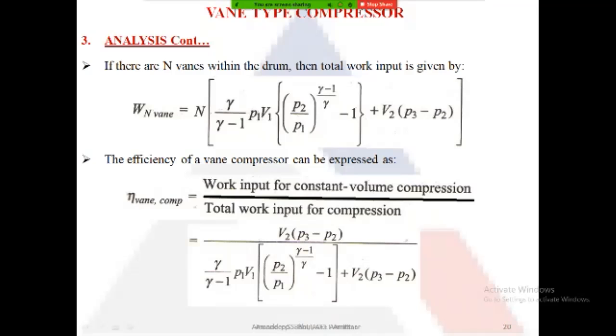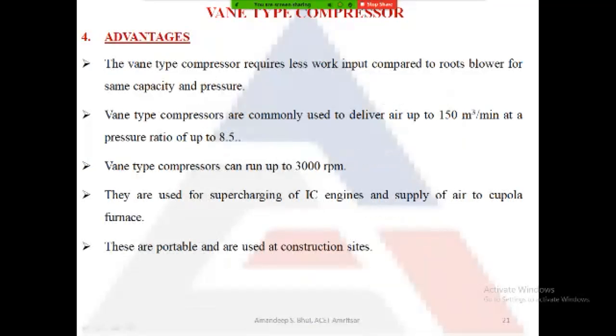So it will be given by V2 into P3 minus P2 divided by the total work done, that is the sum of the adiabatic work input plus the isochoric work input. So this is the efficiency of a vane compressor.